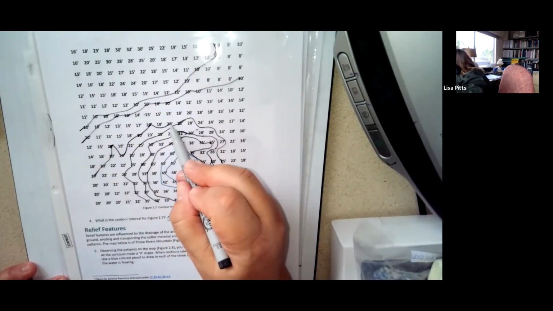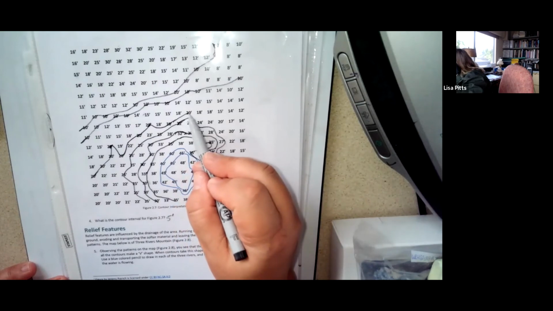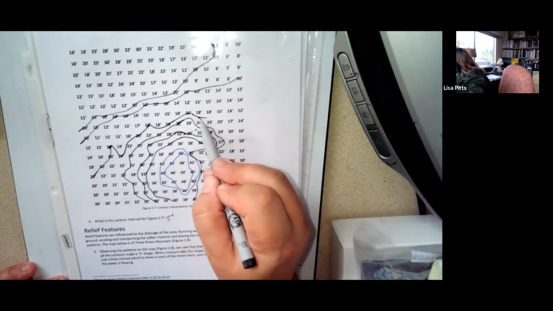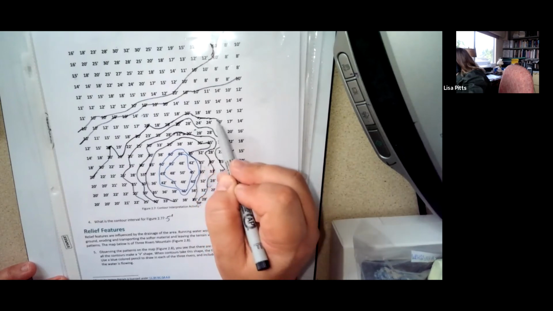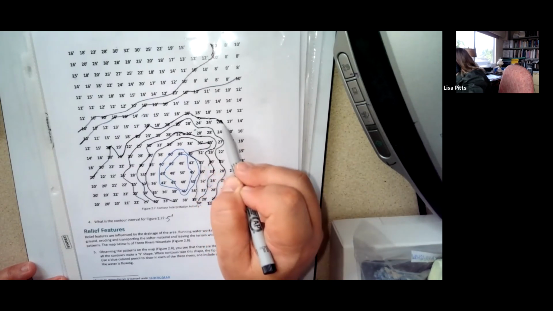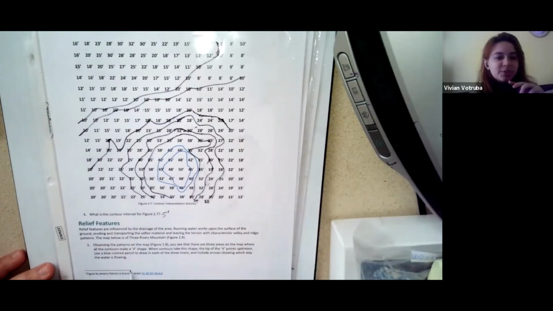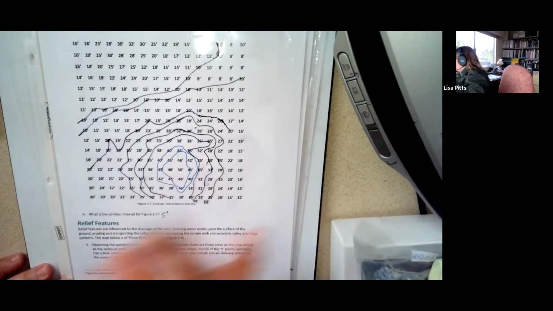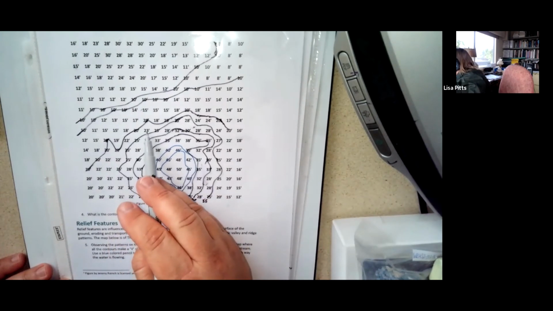The 20-foot one's hard. I should give myself a note to do the 20-foot one too. Remember, we're keeping the numbers that are higher on the left side of our line and the ones that are lower on the right. Huh? Oh, there was a 23 over there. Yeah, that means it should be on the right side of my line because it's higher.